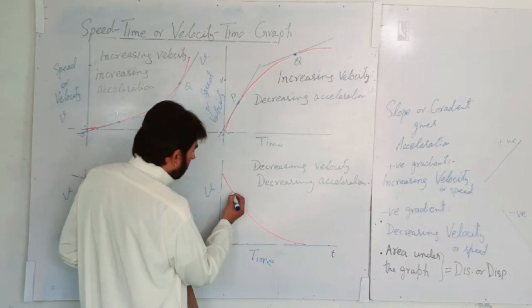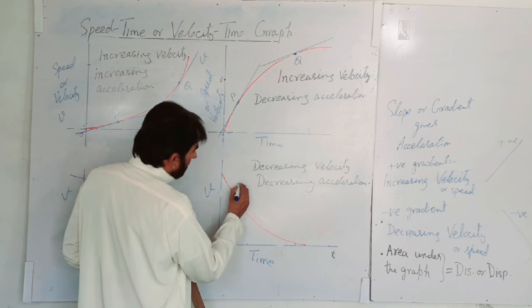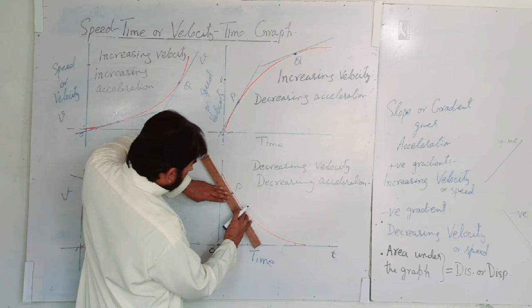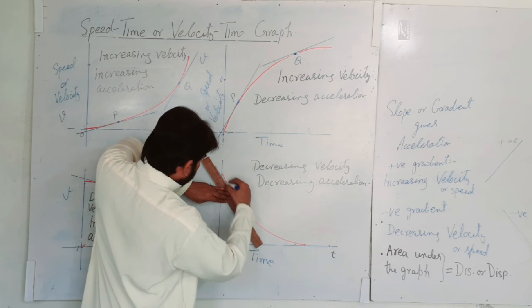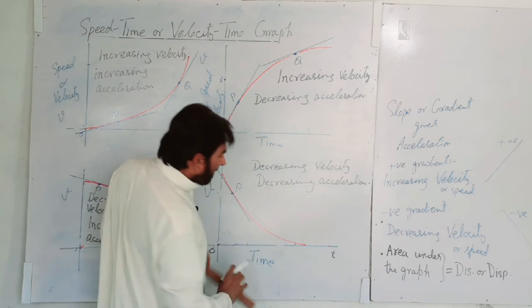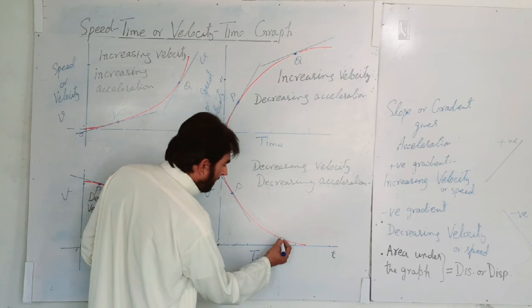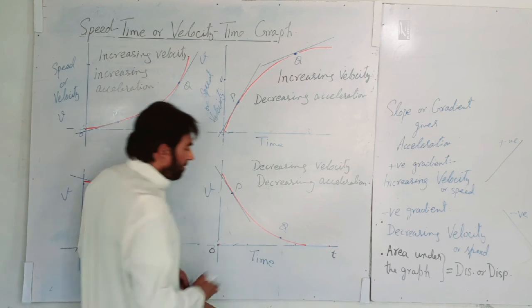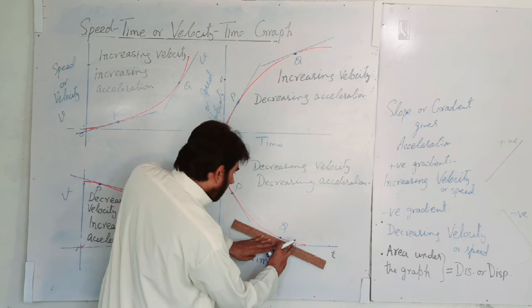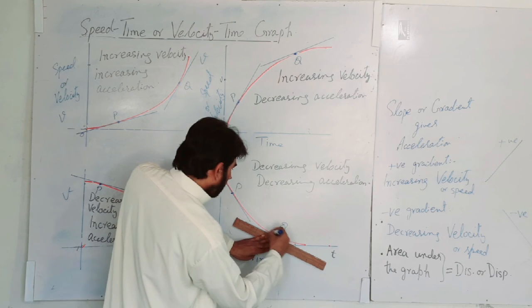Now here again, if I take a point P, I have to draw a tangent at P, and then I can take any other point on the curve like this. I am taking a point Q and I have to draw a tangent at Q also.